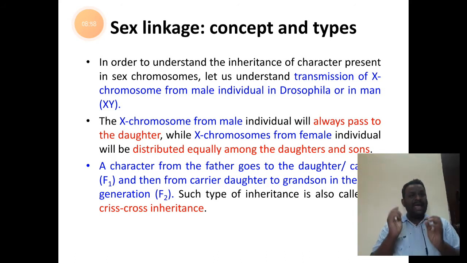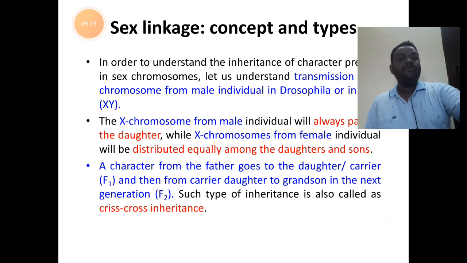Now, the X chromosome from a male individual always will pass to their daughter, and the X chromosomes of the female are equally transmitted, one to the daughter, the other one to the son.